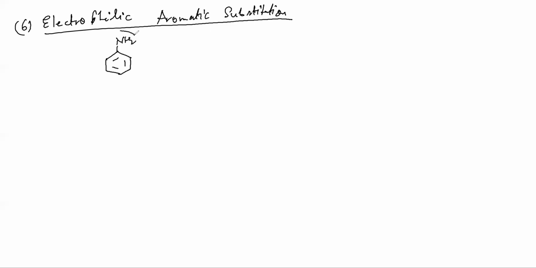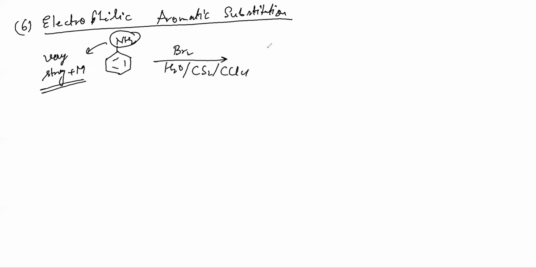Now let me tell you this NH2. This NH2 has very strong plus M, not just strong, very strong plus M. So if you treat it with, let's say, Br2 in presence of water, or maybe CS2, or maybe you can take CCl4, doesn't matter. You get a tri-substituted product like this.